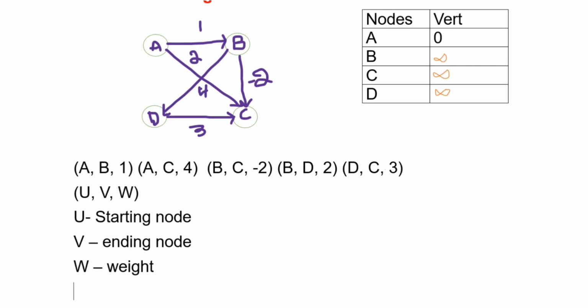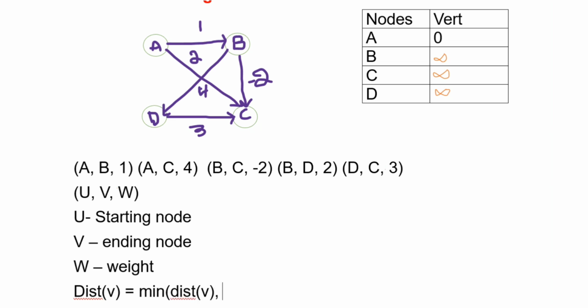The edge list: A comma B, A to B weight is 1. Next A to C: A comma C, A to C is 4.